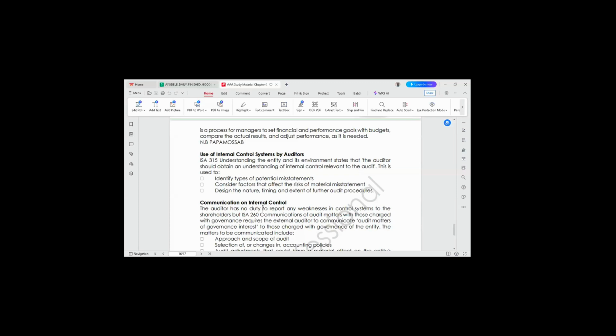When there is a weak internal control system, the auditor will write a letter to the management highlighting the weaknesses in the internal control system. That letter is known as what? Letter of weakness. You call it letter of weakness or management letter. Either of the two names is what you can use. It's the same. It has the same meaning.